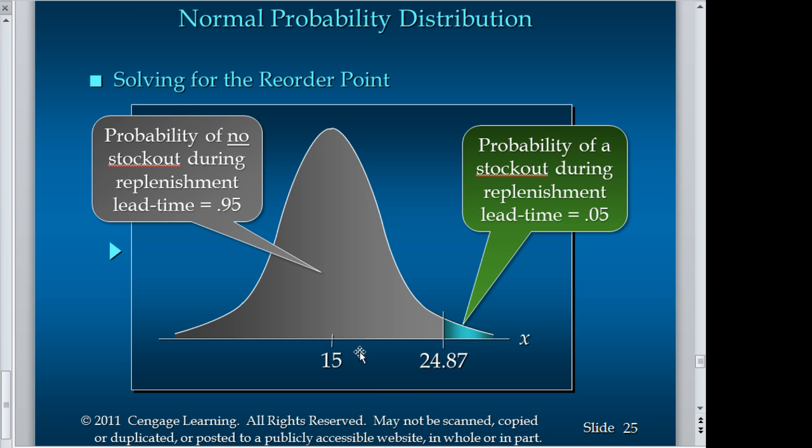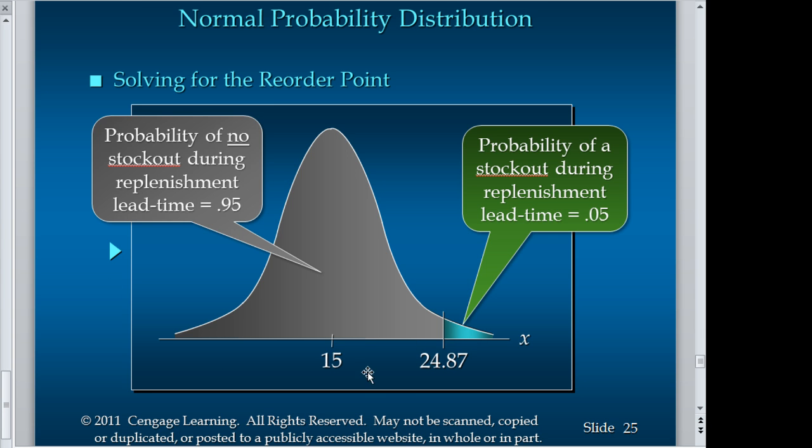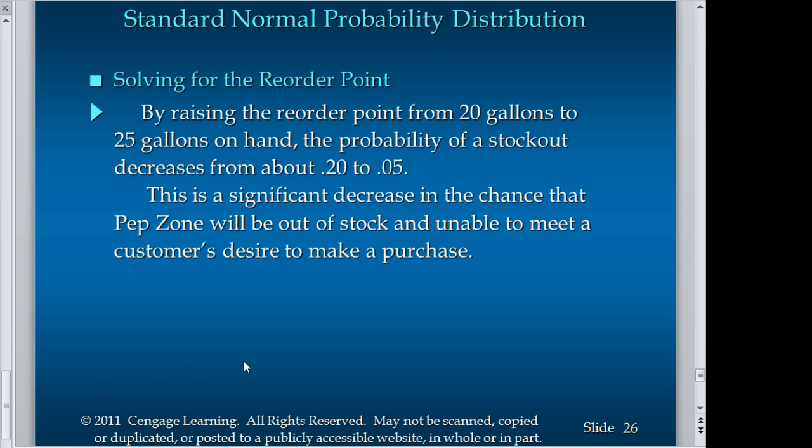So let's compare that to page 22. That's the z-value, 1.645, 5% right there. Now you convert that to our usual x situation. Then you have 15 there, 24.87, and 5% is going to be there.